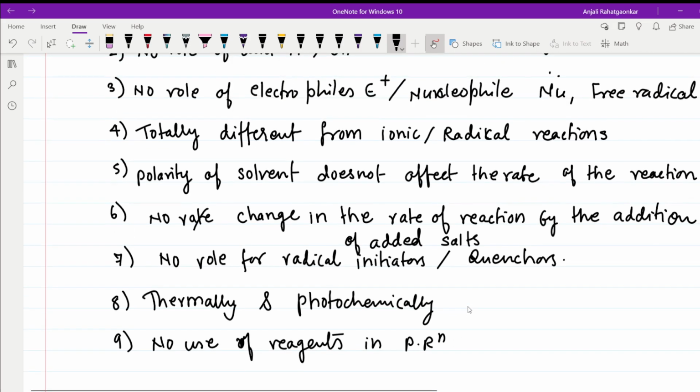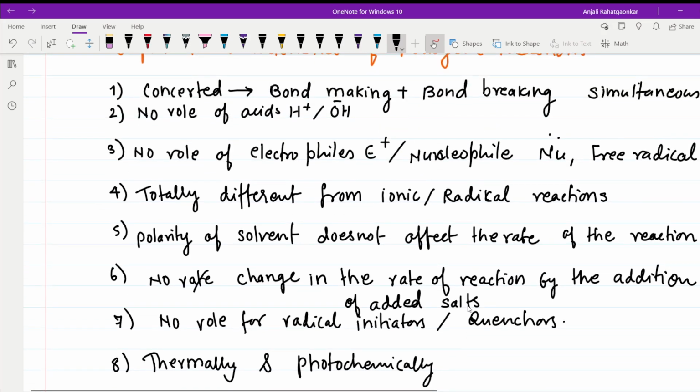So these are nine characteristics. Let us see again, I am revising this. The reaction is concerted, where bond making and bond breaking are simultaneous. It doesn't require any acids or base to make the reaction move in the forward direction. The third and most important point is that no electrophiles, nucleophiles, or free radicals are involved in the mechanism.